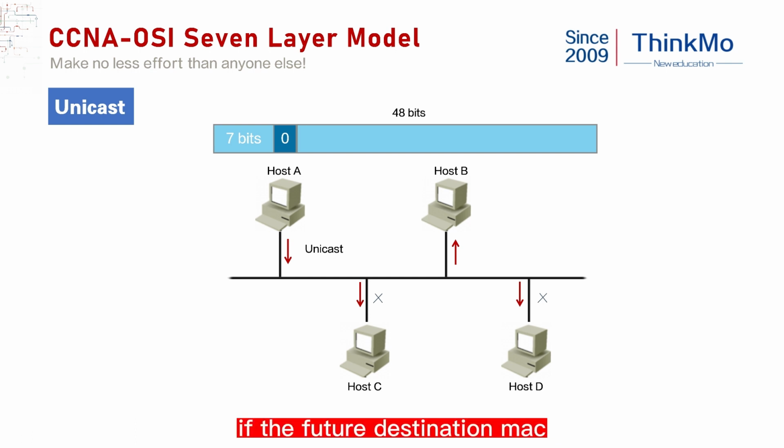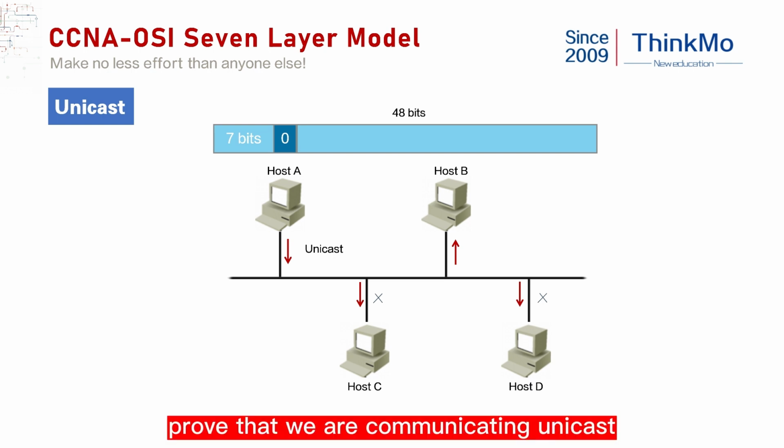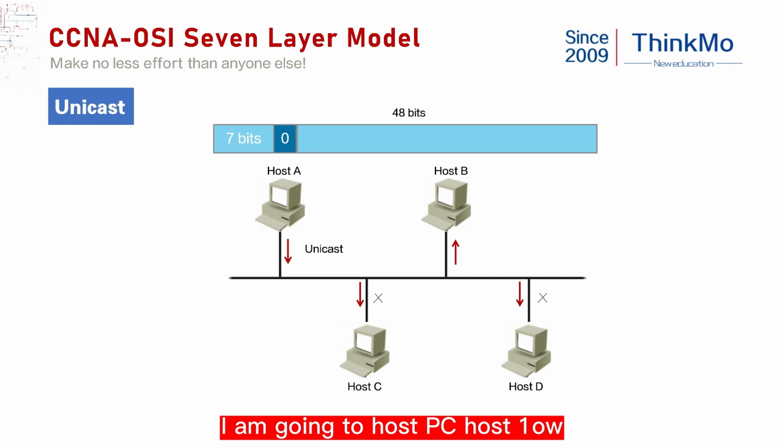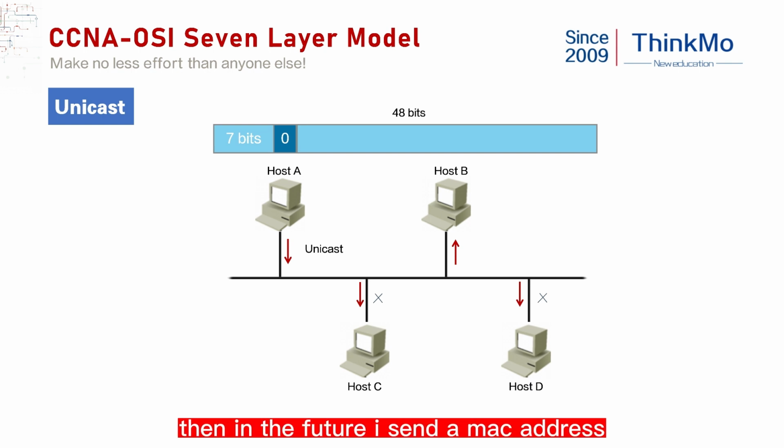If the 7th bit of the destination MAC is 0, such a MAC address proves that we are communicating by unicast. Unicast is one-to-one data communication. For example, PC host 1 sends data to one host separately. The MAC address I send to is called a unicast MAC address.